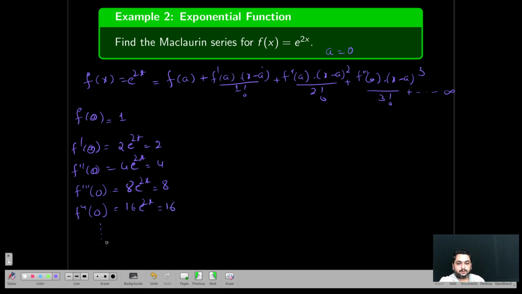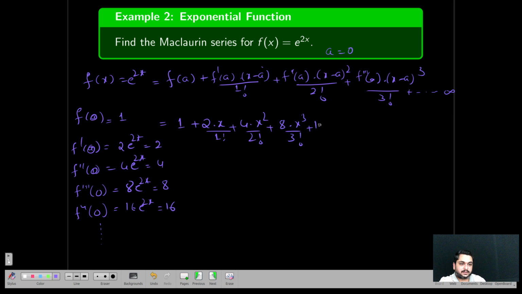How many terms do you want? Those many terms you can find. Now just substitute here. f of 0 is 1, plus f dash of a is 2 into x by 1, plus f double dash of a is 4 into x square by 2 factorial, plus 8 into x cube by 3 factorial.